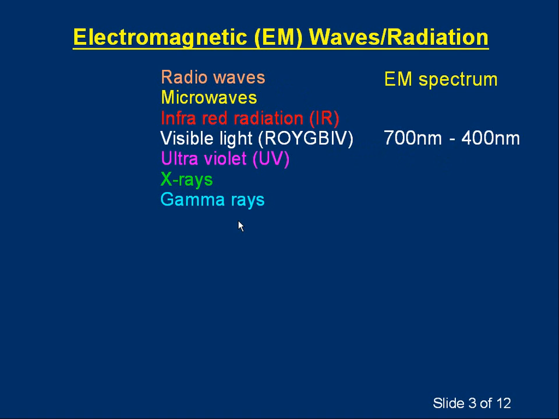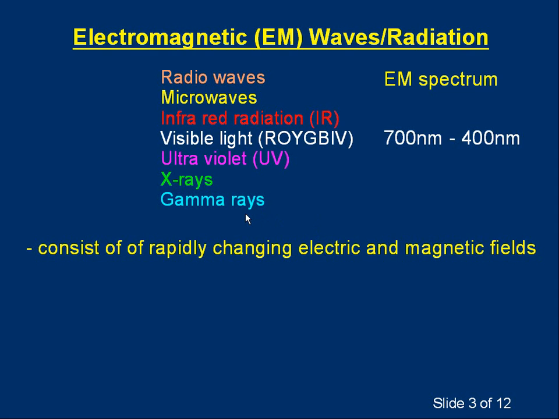We haven't yet said what electromagnetic waves are, though. We know what water waves are roughly, we just talked about them. For water waves, it's the height of water that's changing. For electromagnetic waves, nothing's actually moving. The electromagnetic waves consist of rapidly changing electric and magnetic fields.